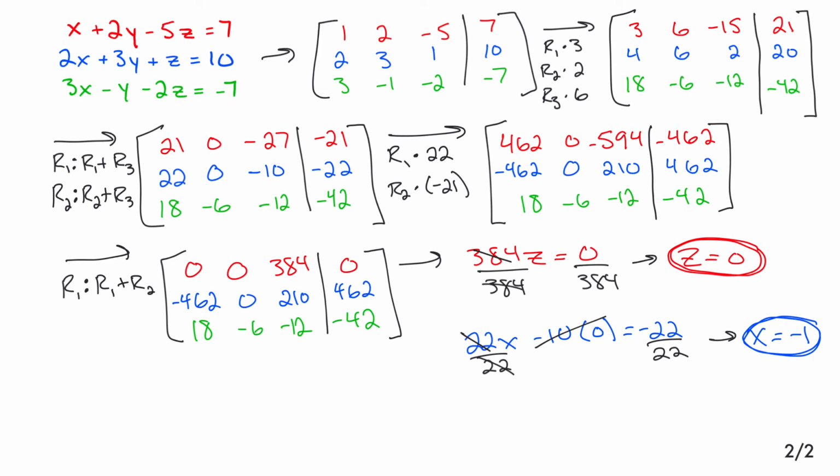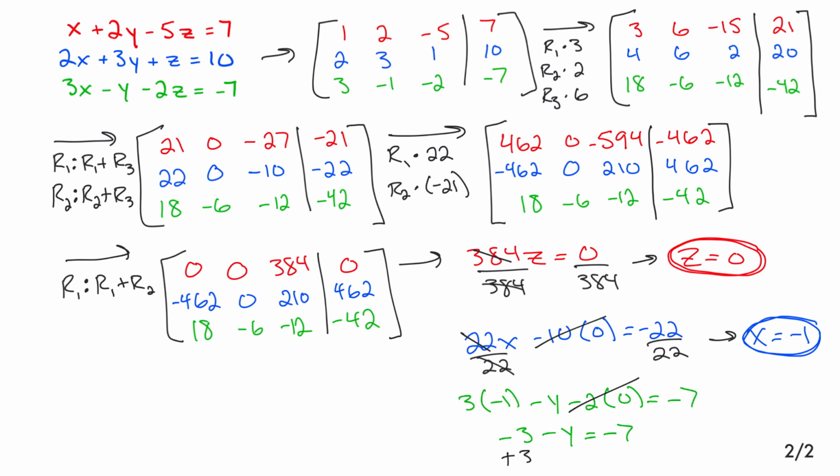So it's going to be 3 times my x value minus 1 times my y value, which we don't know, minus 2 times our z value, which we know is 0, equals negative 7. Negative 2 times 0 is nothing. 3 times negative 1 is negative 3, minus y is equal to negative 7.